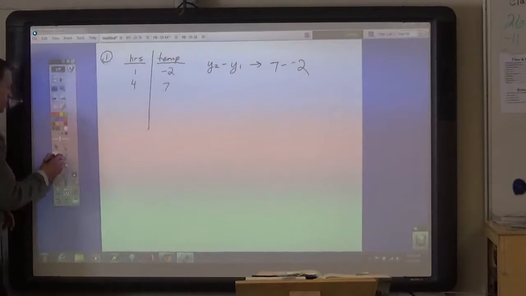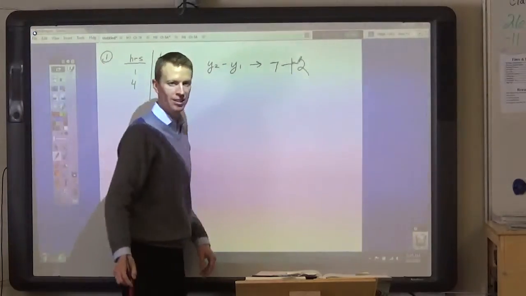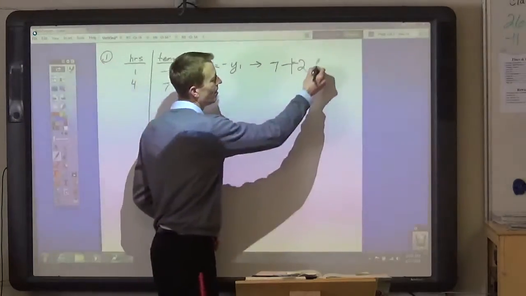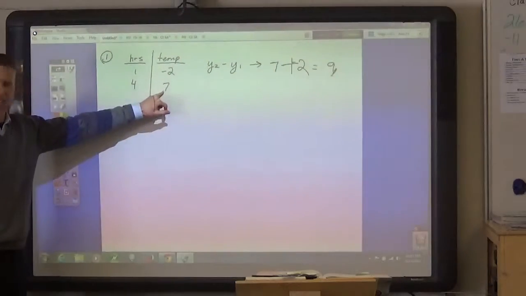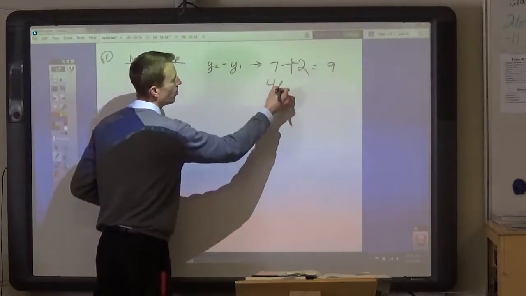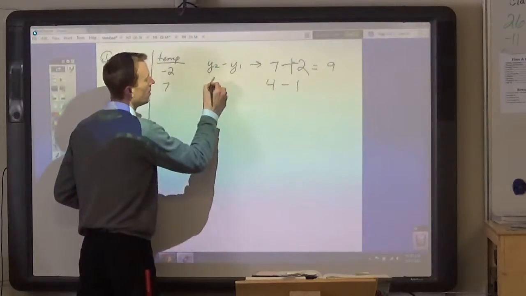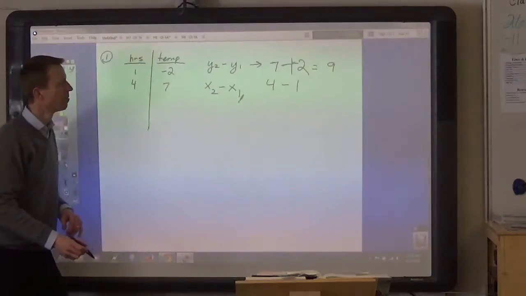So isn't that technically 9? That is technically 9. Yep. So the change in y is 9, and the change in x is, we have to do 4 minus 1, because we do the second x coordinate minus the first one.